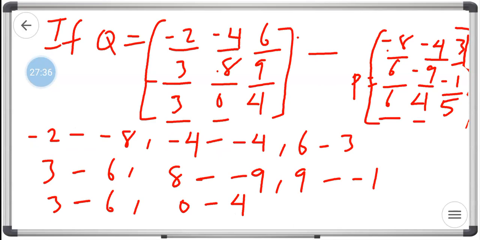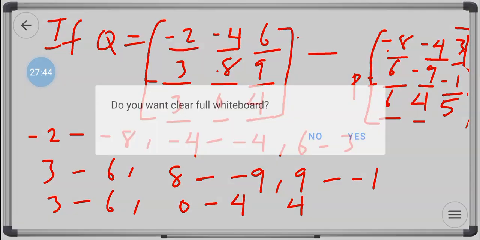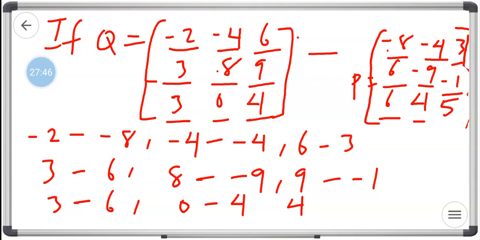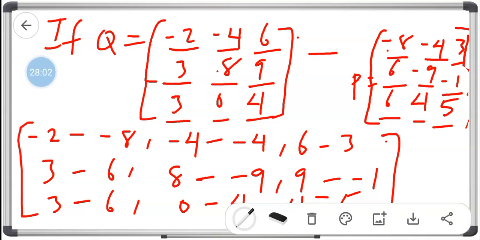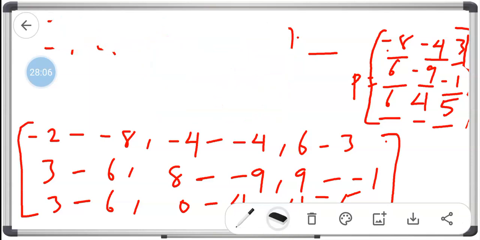Now the last one, A33, that is 4 minus A33, that is 5. 4 minus 5. So let me put my bracket. Quickly, let's solve it and get our final answer.